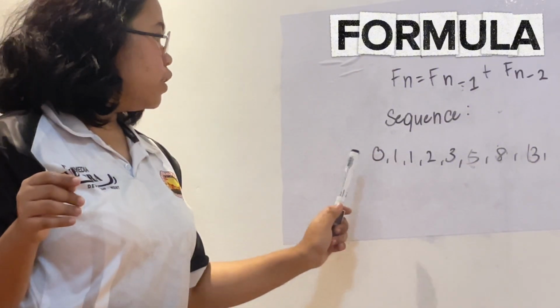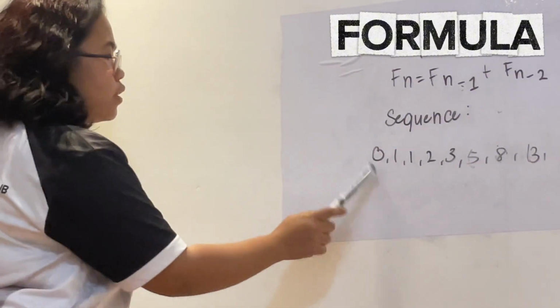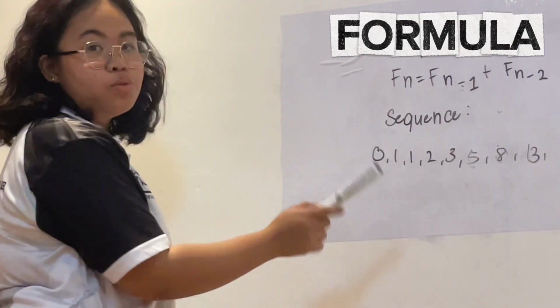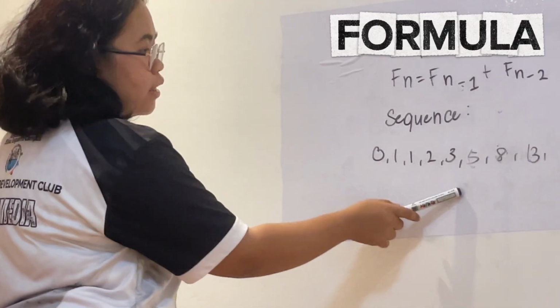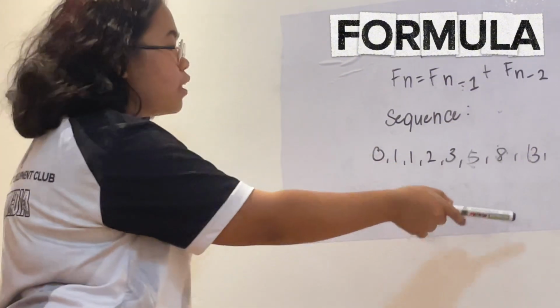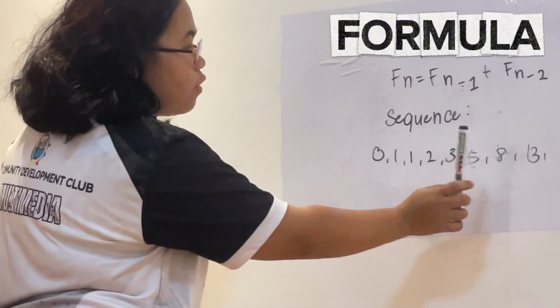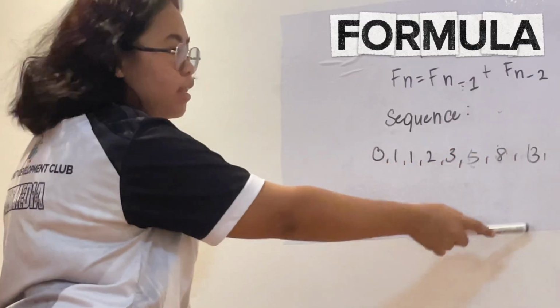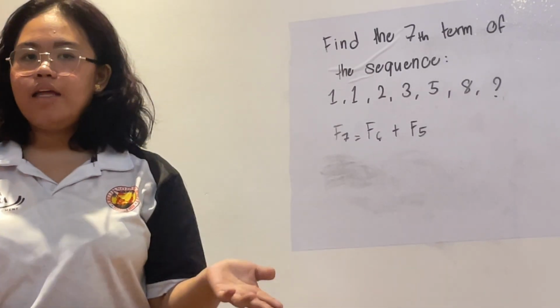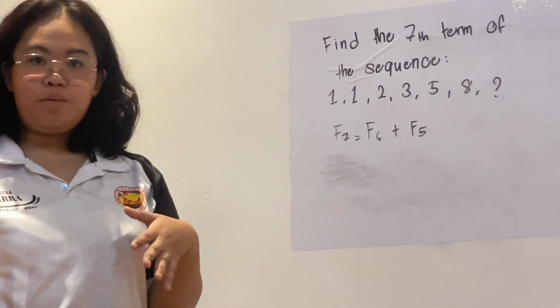So the sequence here is 0 plus 1 is 1. 1 plus 1 is equal to 2. 2 plus 3 is equal to 5. 3 plus 5 is equal to 8. So 5 plus 8 is equal to 13. I will show you some other example for you to understand the Fibonacci sequence.